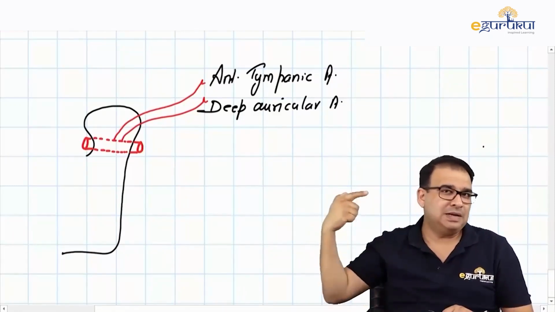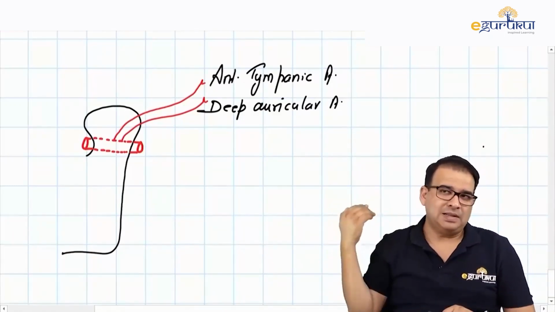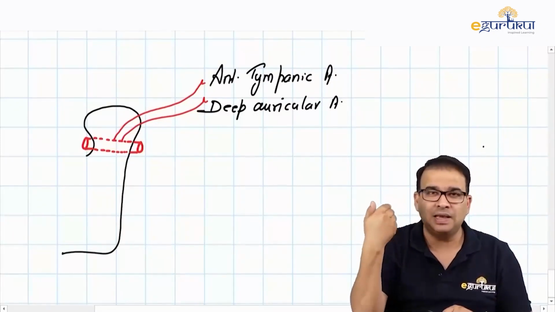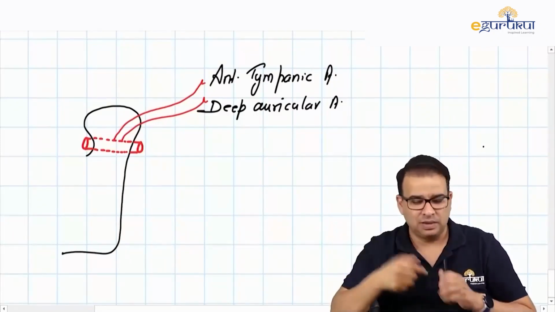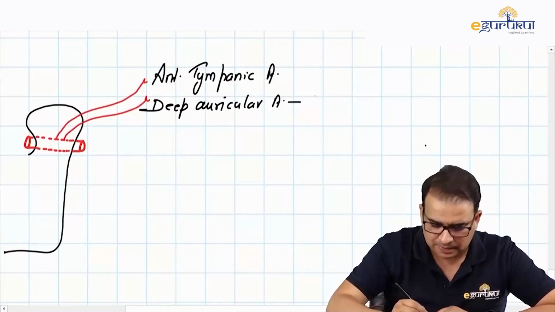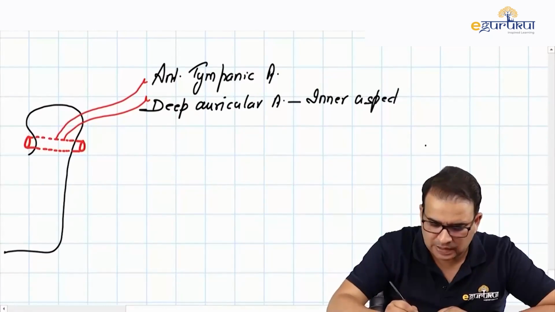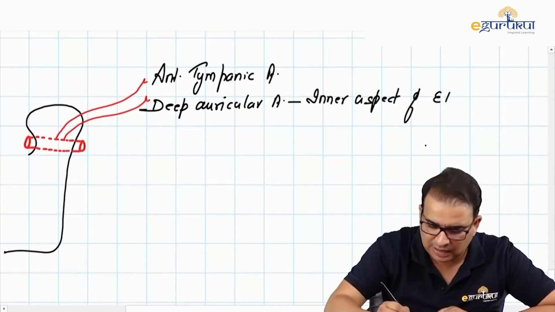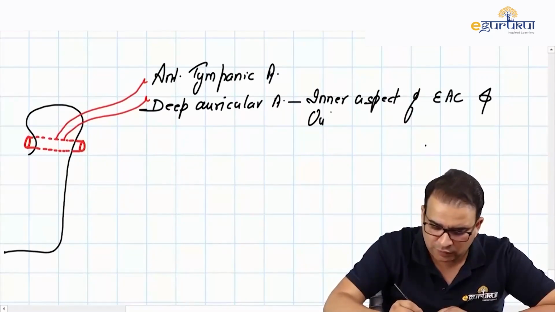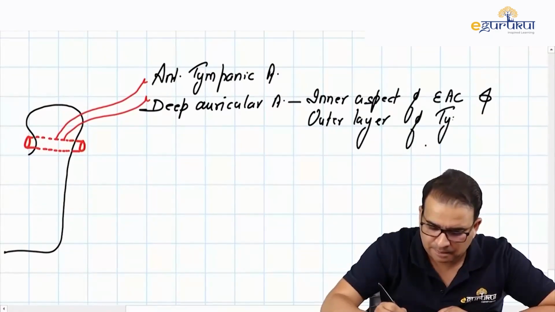Deep auricular means it is supplying the deeper part of the external auditory canal, and while supplying the inner part of the external auditory canal, it also supplies the outer layer of the tympanic membrane. So the deep auricular artery supplies the inner aspect of the external auditory canal, number one, and the outer layer of tympanic membrane.